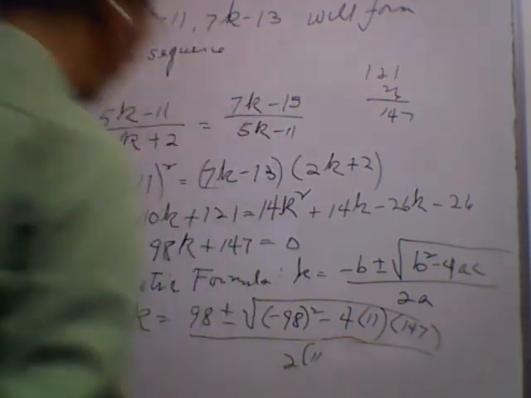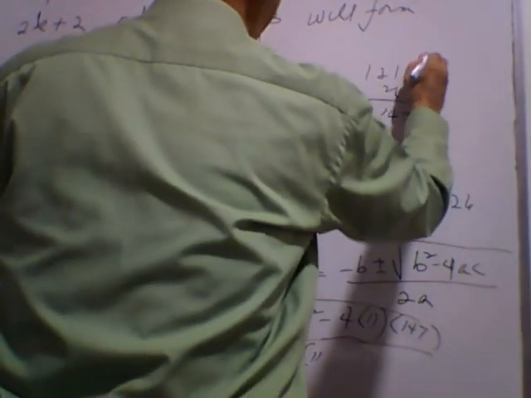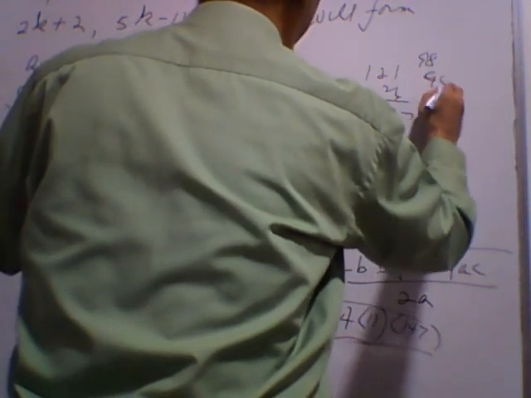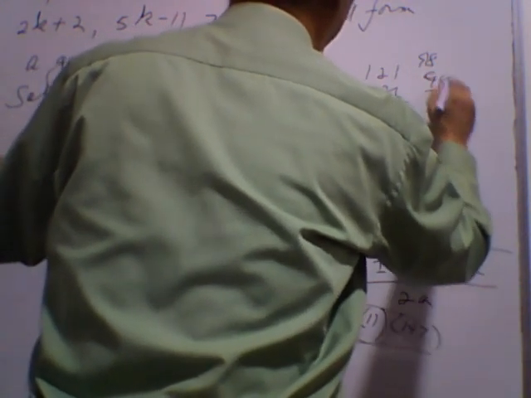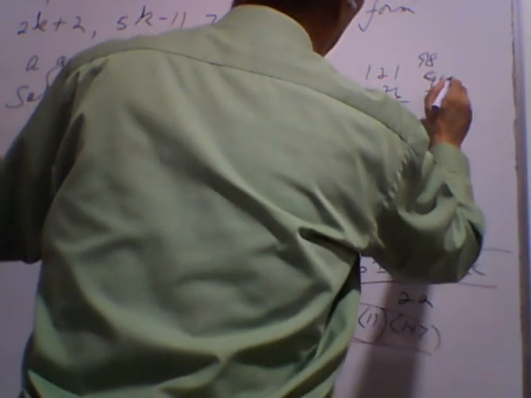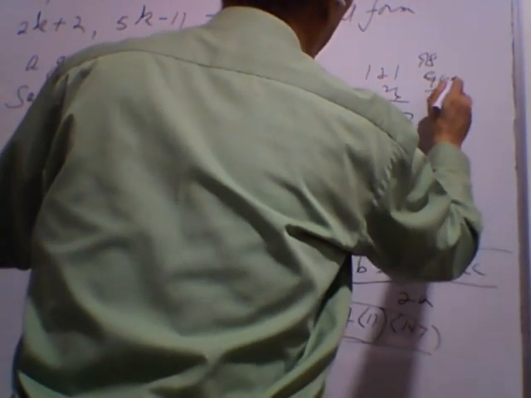So 98 times 98. 98 times 98, that is 64, carry 6, 72, 76. Then 72 plus 6, 78, carry 7.